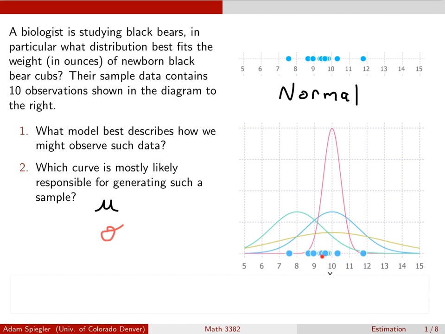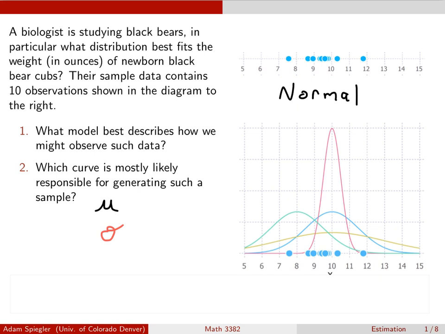So we could start to think about which of these three distributions has a standard deviation which seems to match our data. Another way to state this is: given that we've recorded these 10 values, which of the parameters mu and sigma are most likely? Which of these curves is most likely to fit the observed data?